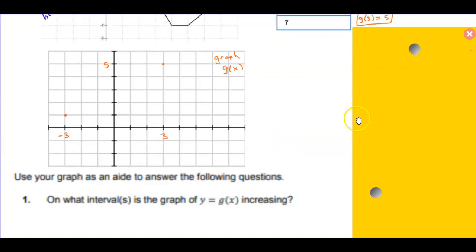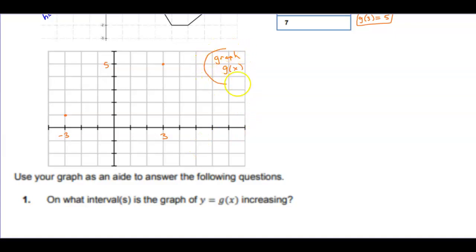Now that you have that graph, you can go ahead and answer questions based off of that. The ultimate goal is making conclusions about the given graph of f, but we'll get there tomorrow. On what interval is the graph of g increasing? Once you have this, you have to think about what you know about the graph of g.